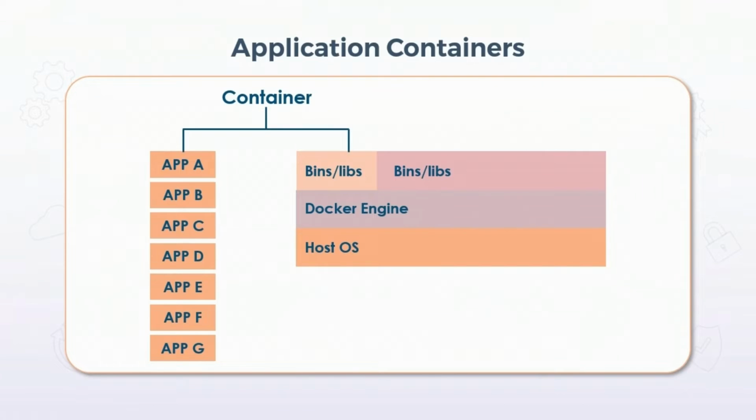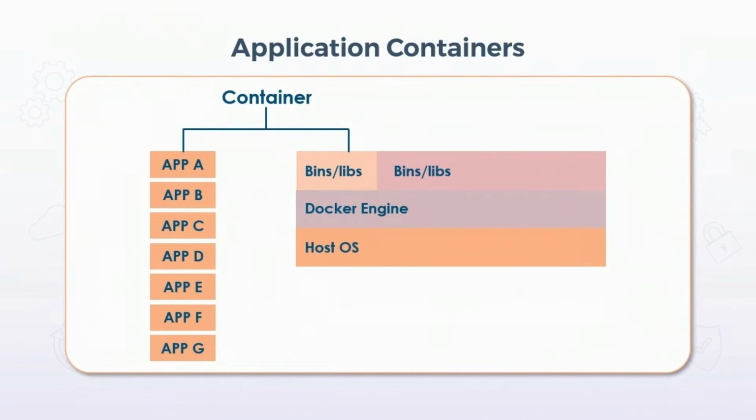We have application containers shown here, labeled A through G, where each has its own application, or there might be application components that work together as a larger application. Now we don't know that by looking at this diagram, but the key here is those containers run on top of the binaries and libraries, Docker engine, and ultimately the operating system.